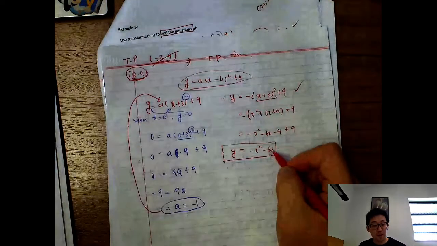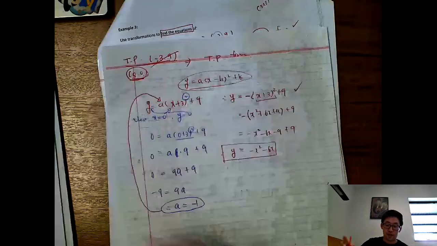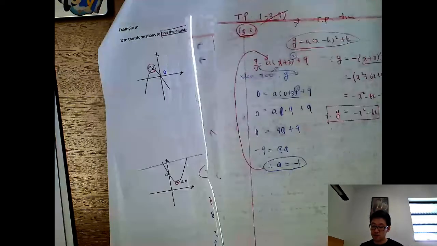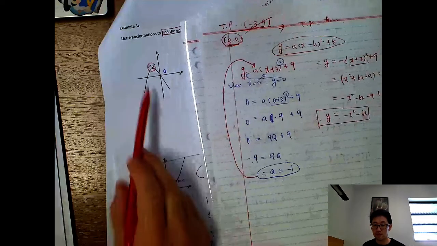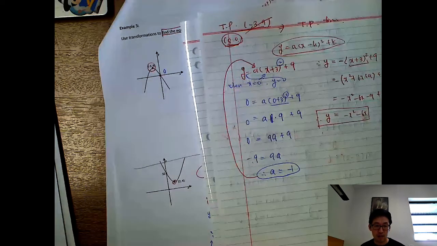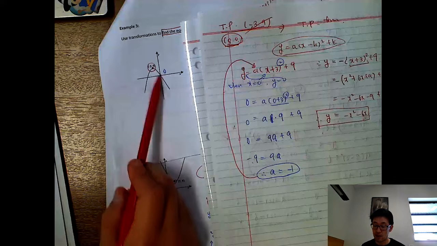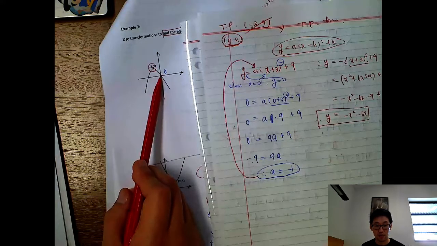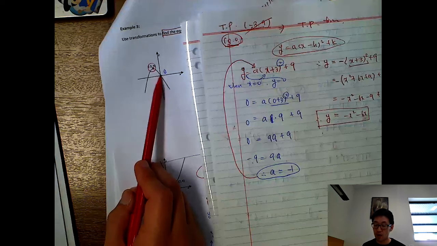And also think about it. Going back to the actual question. What is the y-intercept here? It passes through the y-intercept at 0. That origin is the x-intercept and y-intercept at the same time.